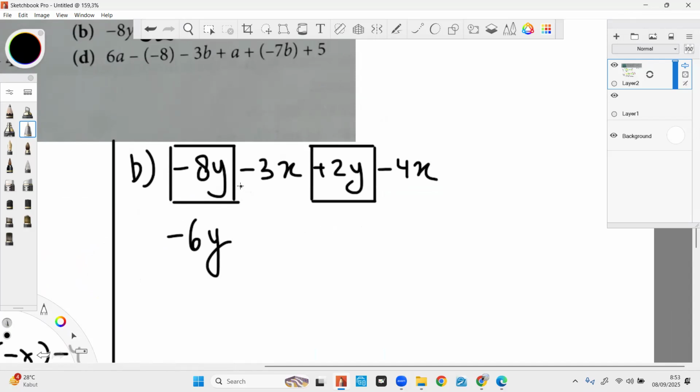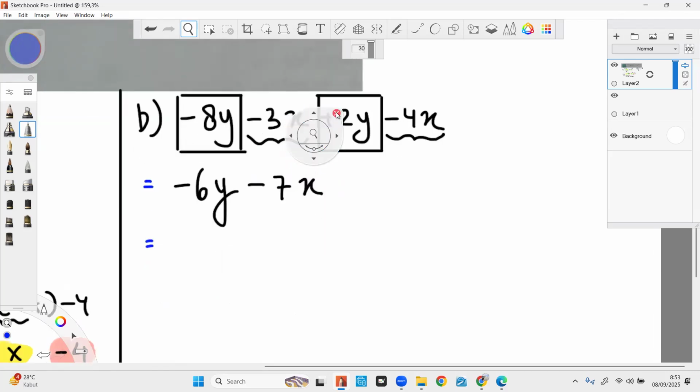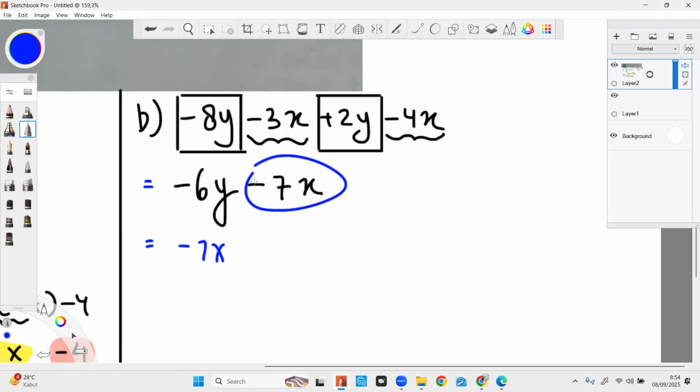Now, the rest, negative 3x minus 4x, negative 7x. That's all. But, guys, listen carefully. Usually, the question asks you to write it in alphabetical order. Listen, usually you need to put it in alphabetical order. This is right, but you have to rearrange the position. Negative 7x and y, which is first in the alphabet? x first. So negative 7x minus 6y. Just change the order. Okay?